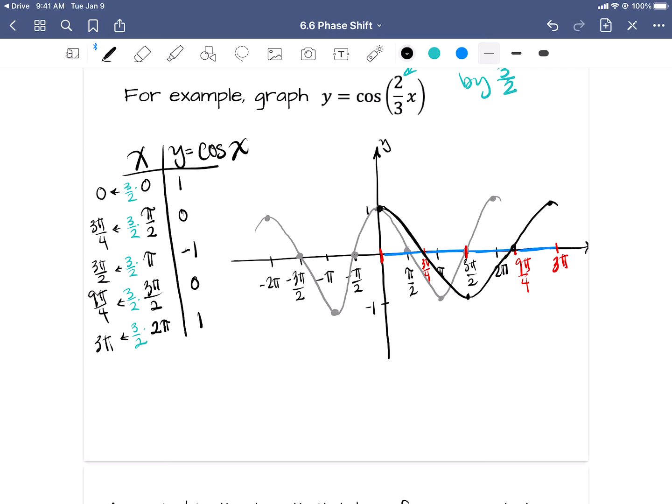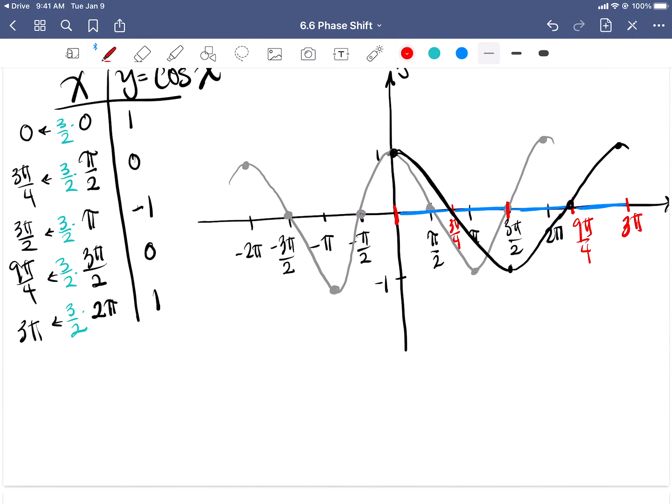So he's still an even function. It's still reflecting in the origin. I'm sorry, not the origin, the y-axis. Even is in the y, because he didn't shift over.